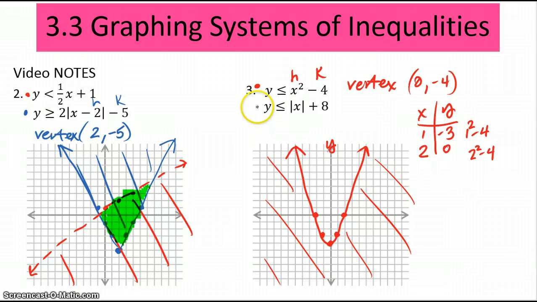So I'm going to switch up colors, and I'm going to go here to the absolute value. Again, we have hk, and the vertex is 0, 8. So 0, 8. And I think I have a typo. I do. On your packet as you're working on this there will be a negative.